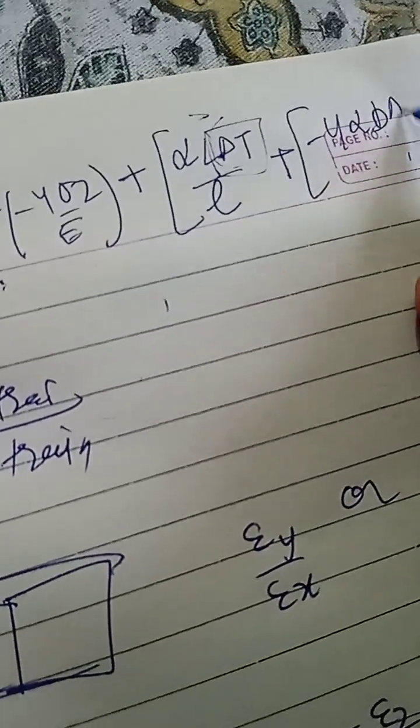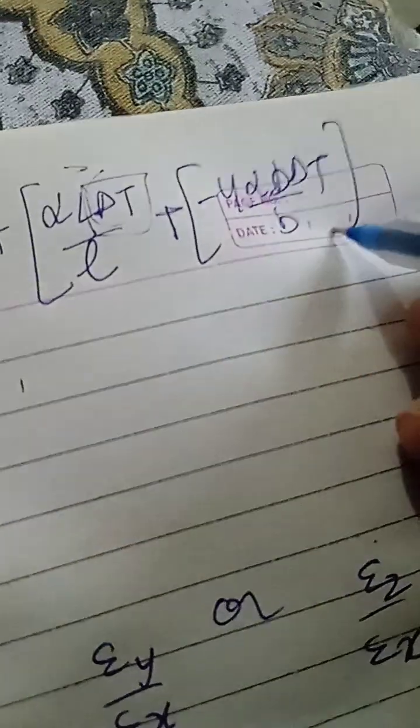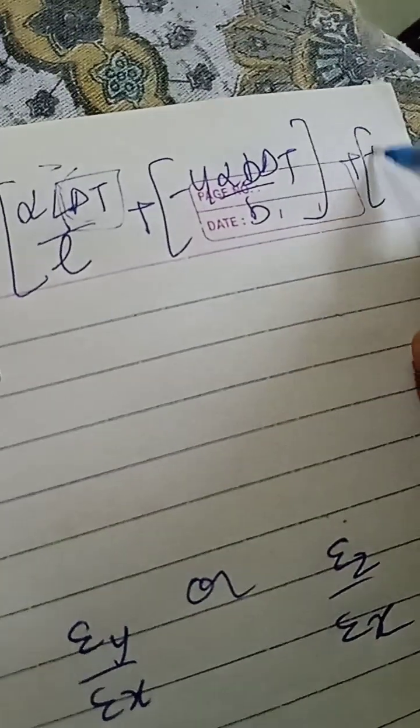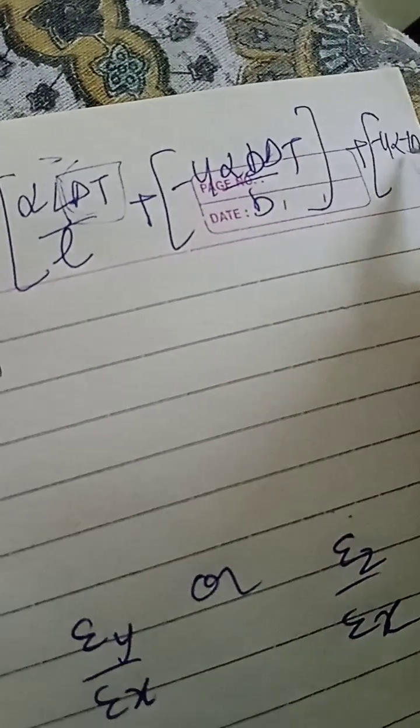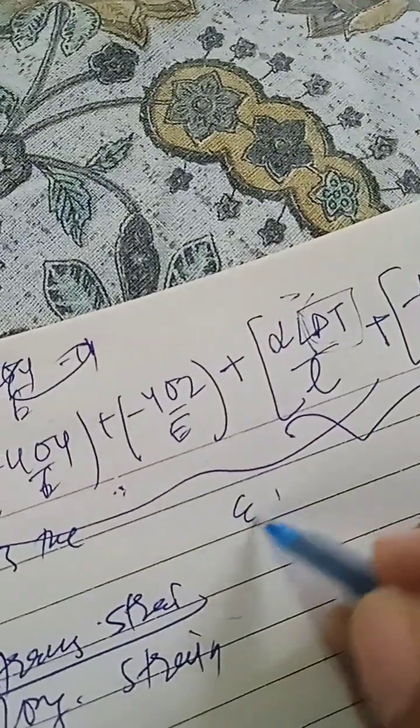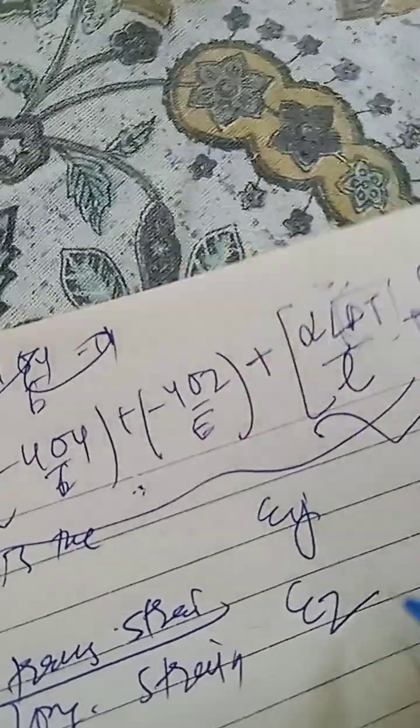Plus alpha delta T terms for the other directions. So this is due to the thermal effect, and this is due to the mechanical effect. So mechanical and thermal do not intertwine and do not interfere with each other. Similarly, you can write the strain in y direction and strain in z direction.